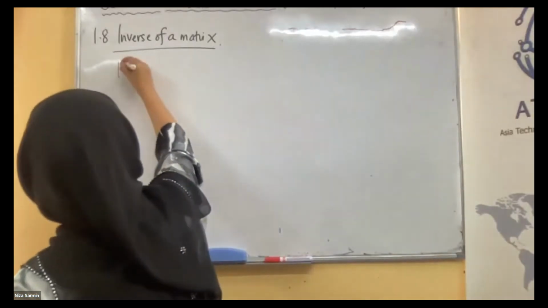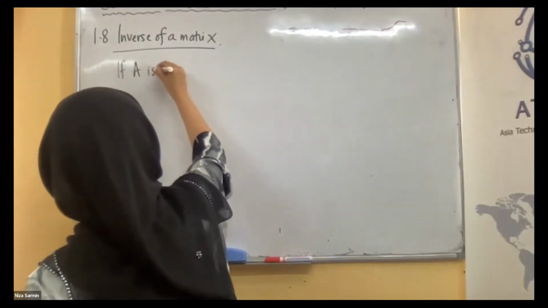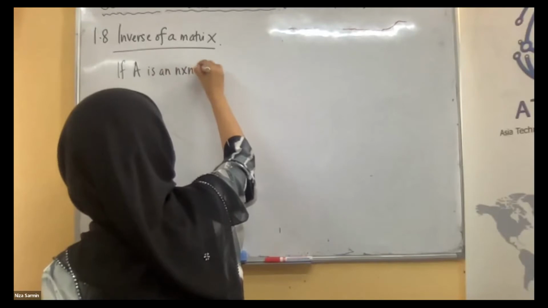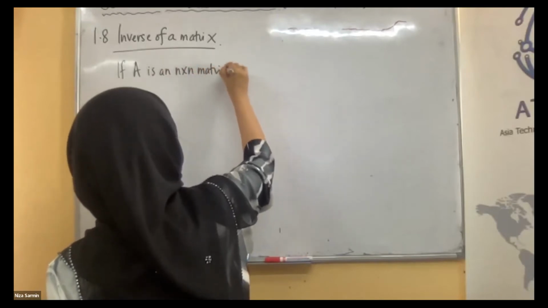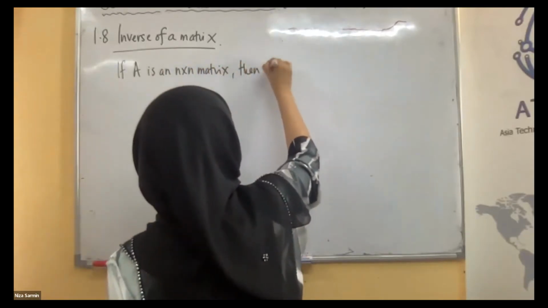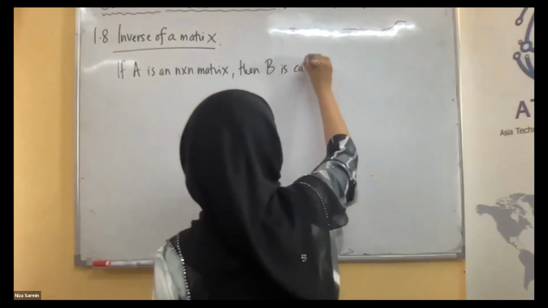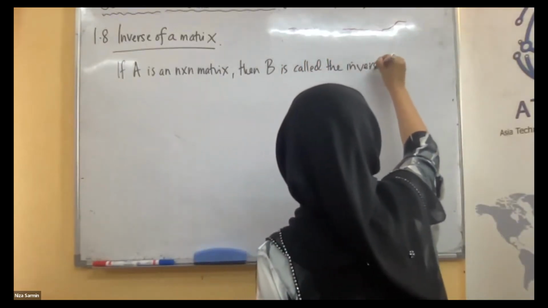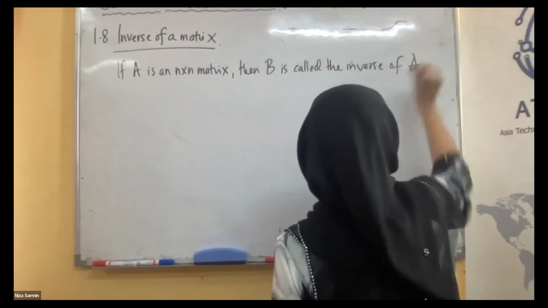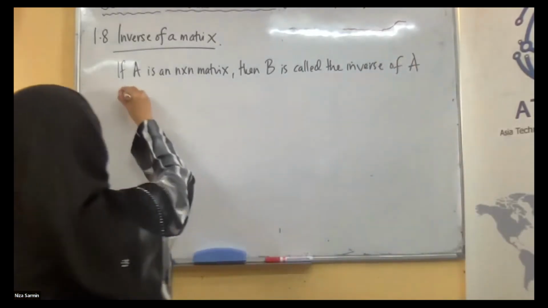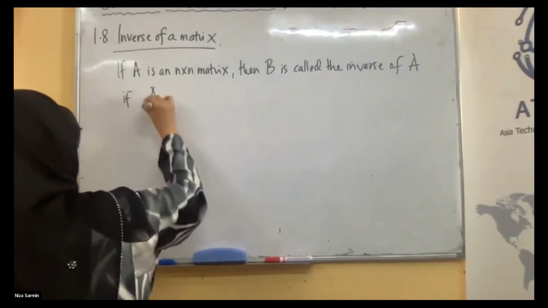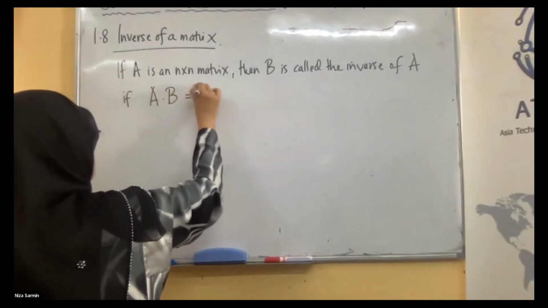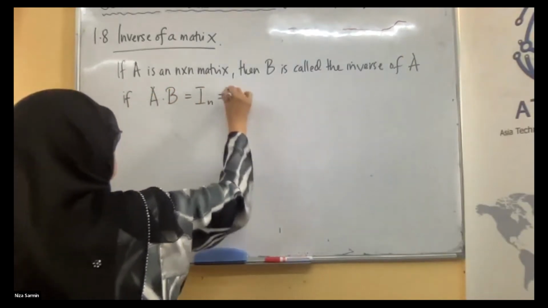So if A is an n by n matrix, then B is called the inverse of A if A times B is equal to the identity matrix.